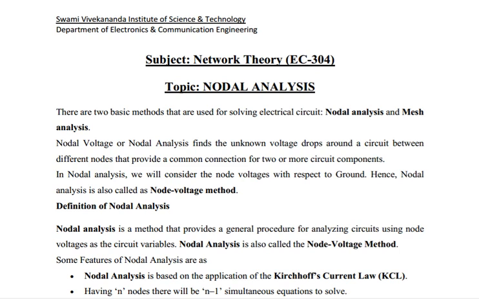That is, a node is nothing but a common point where two or more circuit elements are connected. In nodal analysis, we consider the node voltage with respect to ground. Here ground means the voltage you have to assume as 0. Hence, nodal analysis is also called the node voltage method.